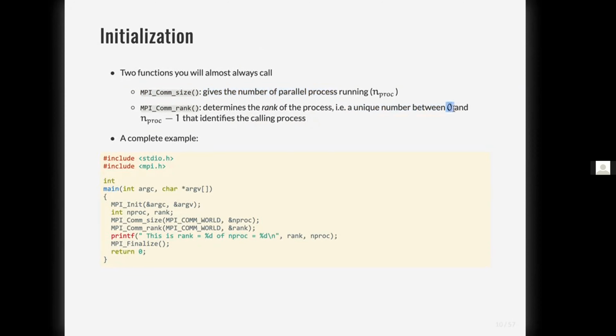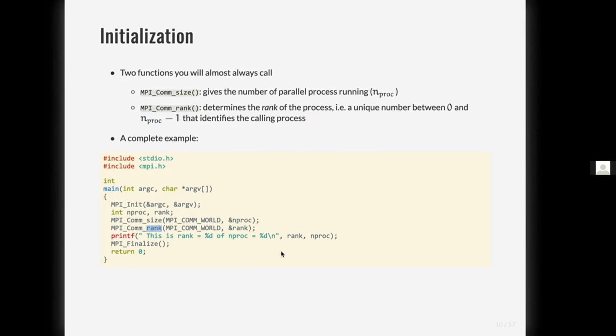The first process has rank 0, and the last process has rank number of processes minus 1. So this is a complete example which will initialize, call MPI_Comm_size and MPI_Comm_rank, and print to the screen, this is rank whatever of n processes.